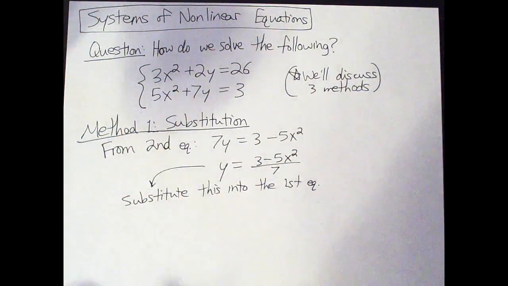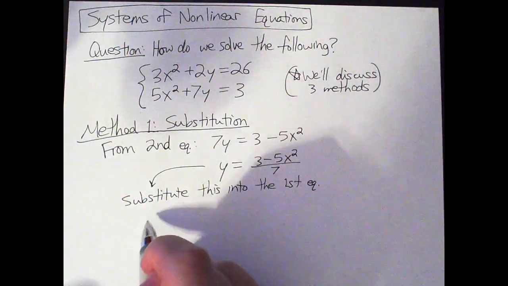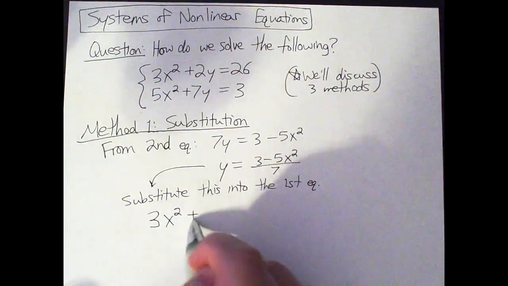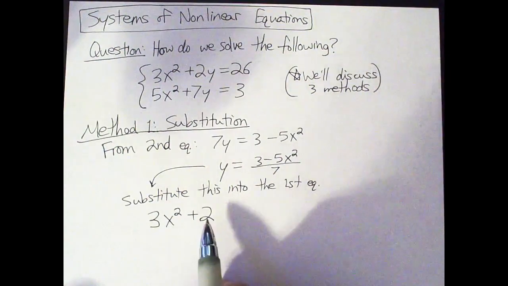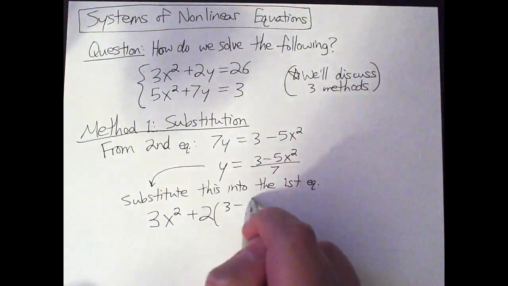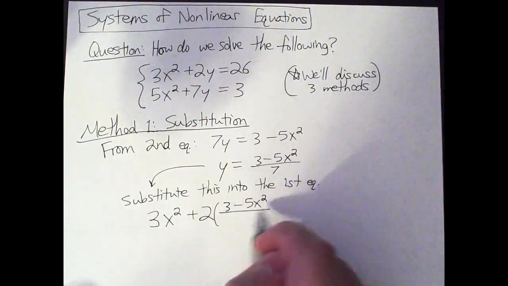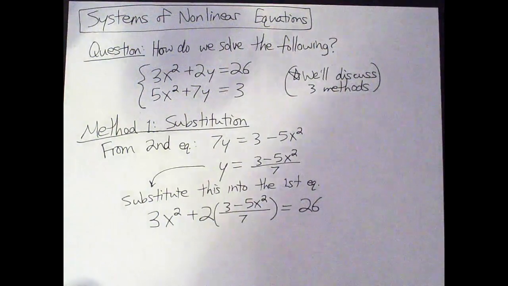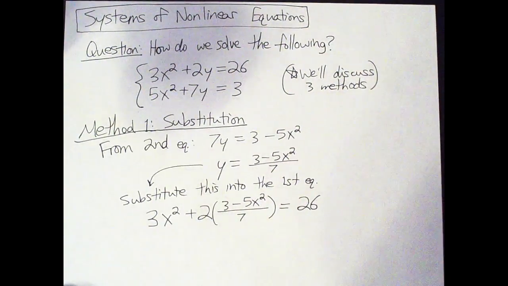So we haven't used equation 1 yet. So the first equation would look like 3x squared plus 2, instead of 2y, we're going to write 2 times this, and it equals 26. So we did the substitution. We substituted this in for y.